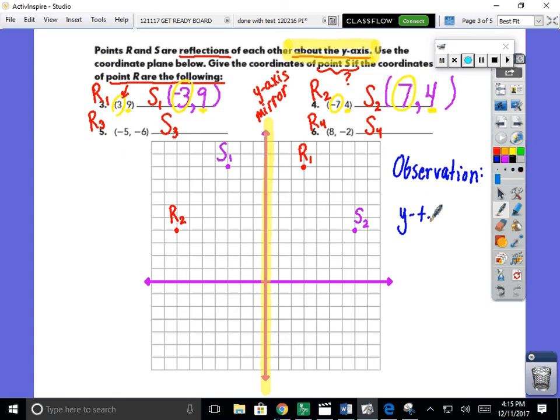Y term stays the same. But what happens with the x? The x term becomes, well, for one of these, it started out positive and became negative, and the other one started negative and became positive. Aren't those called opposites? So the x term becomes an opposite.